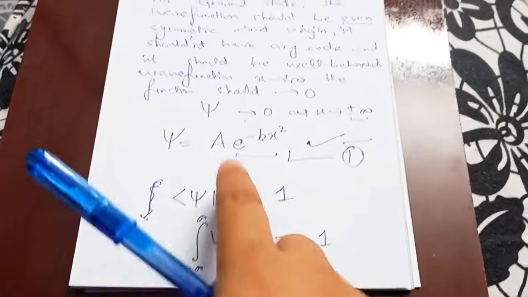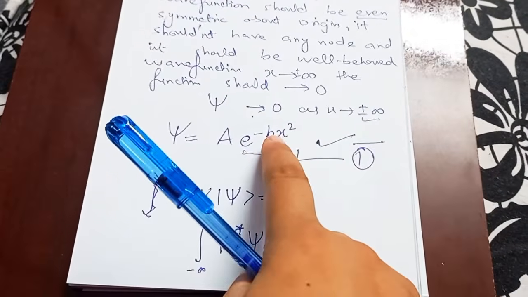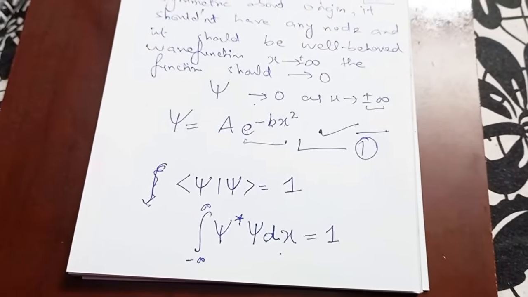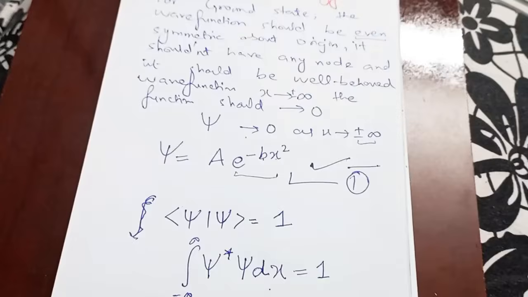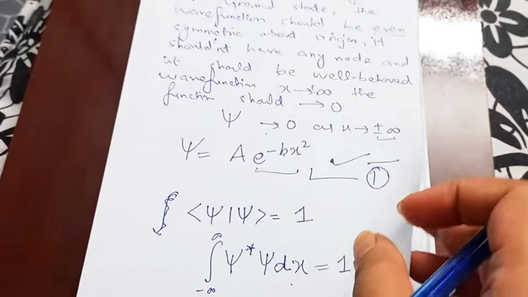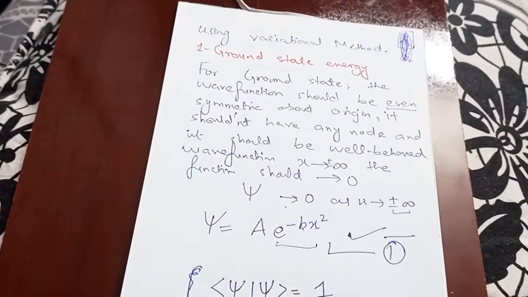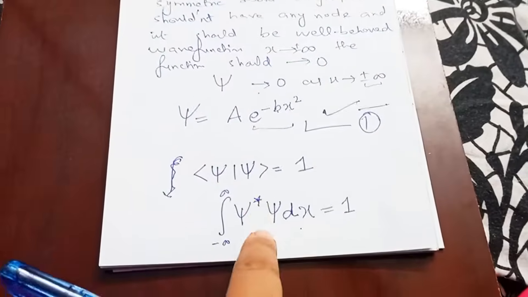Now let's put the value of psi right here. We can see there is no iota here, that is why psi star and psi, they will be equal to each other. If there had been any iota there, then the situation could have been different, the conjugate becomes different. But in case of terms which are not imaginary, the conjugate is equal to the simple wave function.